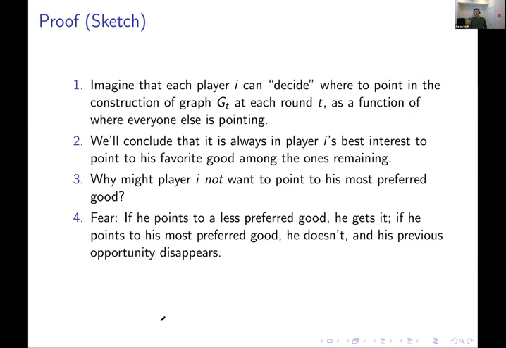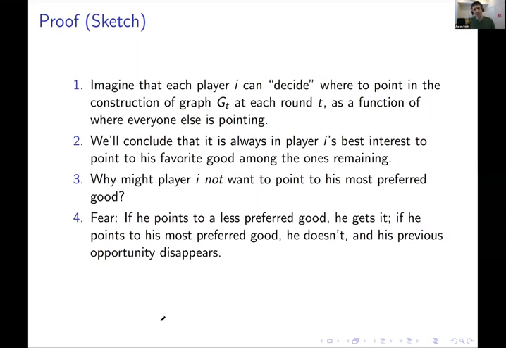But maybe I have an opportunity to get my second favorite thing today. Maybe I'm going to be the only one pointing to my second favorite thing today because everyone else is pointing to this golden house that we all agree is the best house. And now's my chance. I'm going to point to my second favorite house, and if I do it today, I'm going to get it. But if I do it tomorrow, it's going to be too late, because after the best good is gone, there will be lots of competition for the second best good.